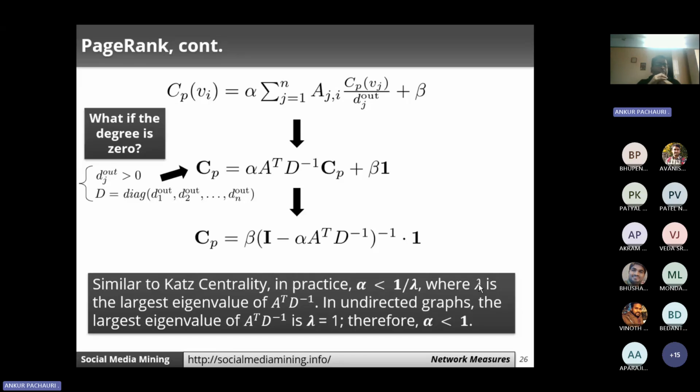We should pass it proportionally. So we came up with the next measure, called PageRank. Here the complete importance is not passed to the neighbors; only a proportion based on the out-degree of that node is passed to the neighboring nodes. That was the next version of network measures.